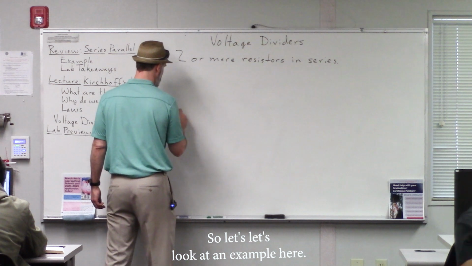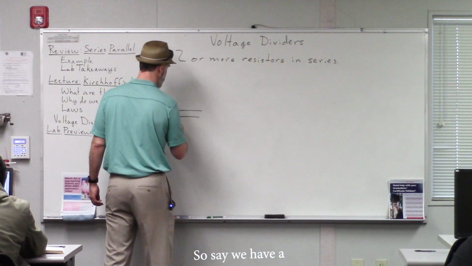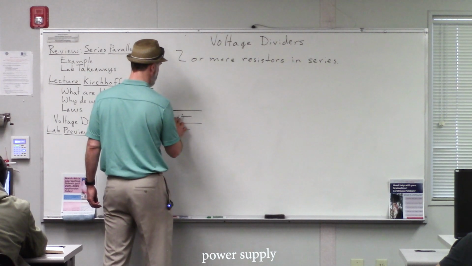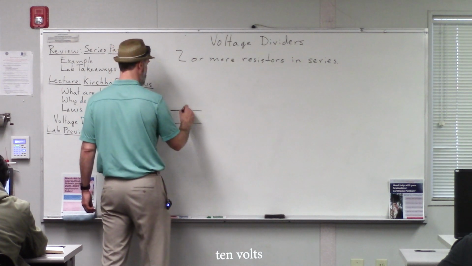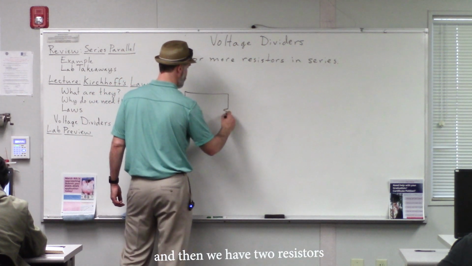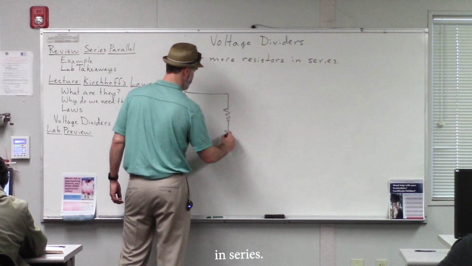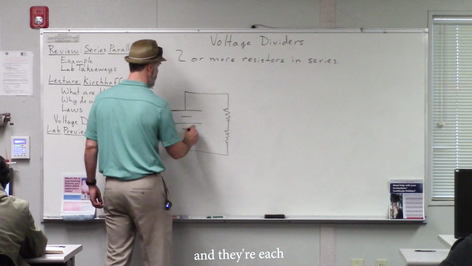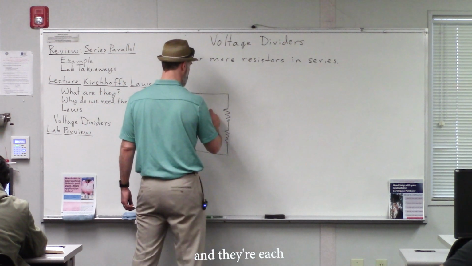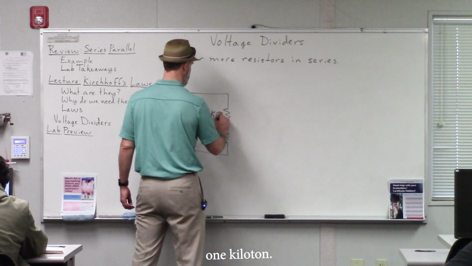Okay, so let's look at an example here. So say we have a power supply that's giving us 10 volts. And then we have 2 resistors in series. So this is a voltage divider. And they're each 1 kilo ohm.